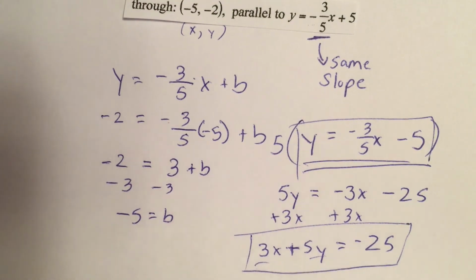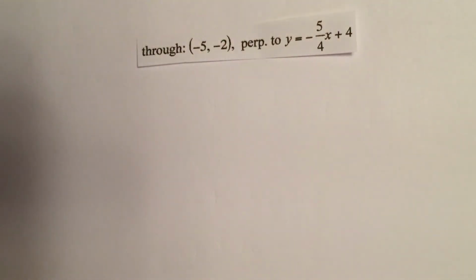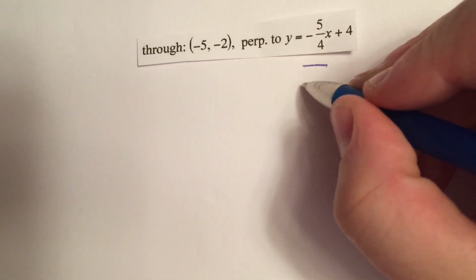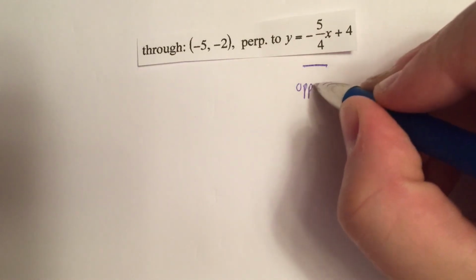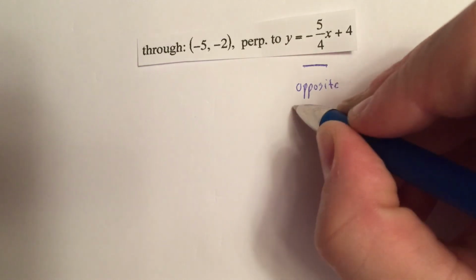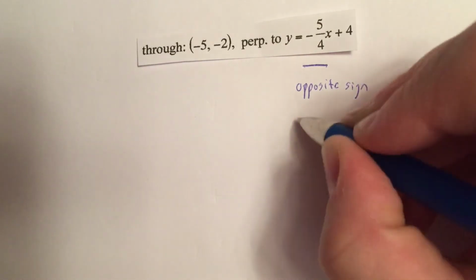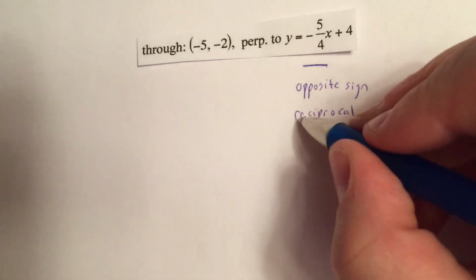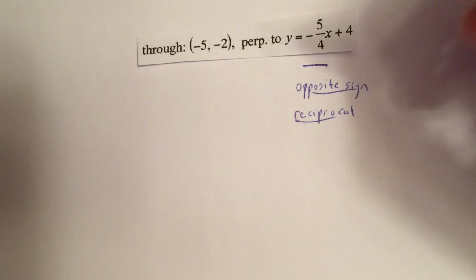So now for our final equation, we have to find the line that's perpendicular to it. Well, we learned that for the slope of any line that is perpendicular to another one, we use the opposite sign and the reciprocal.